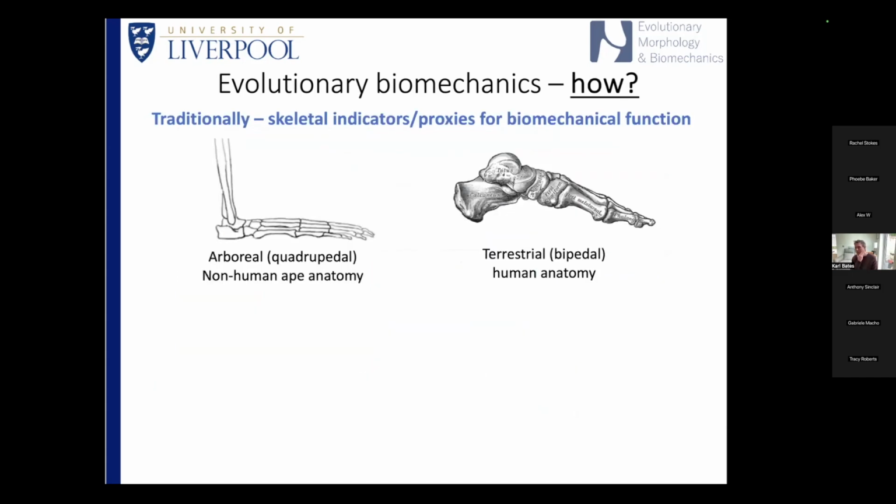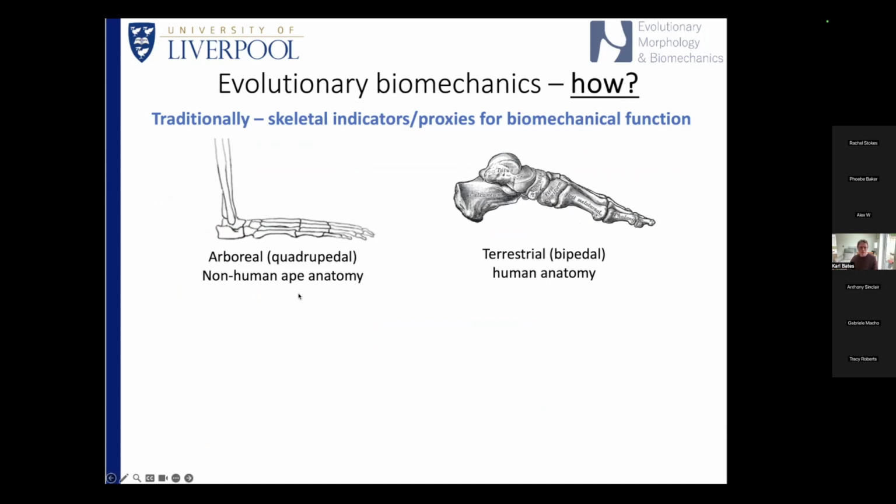Now, traditionally, people wouldn't have used fancy simulation methods. They would have used skeletal proxies for biomechanical function. And I'm using the example here, the classic one of the evolution of bipedalism in humans and using the foot as kind of a hallmark for overall gait and locomotor habit, if you like, in our ancestors.